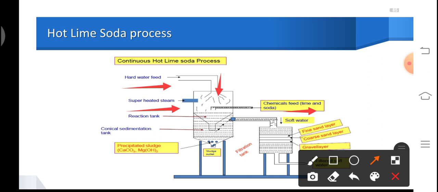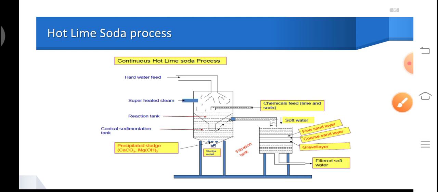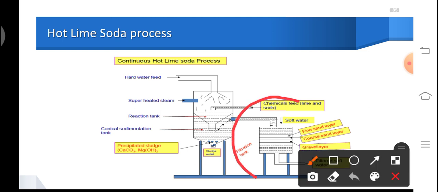After proper mixing of the chemicals, the precipitate which is formed is taken out from the bottom of this tank, whereas the fine water which is free from the precipitate is taken out to the filter tank. So the softened water is taken out from the reaction tank, and then it is allowed to move into the filter tank. As you can see, this is the filter tank.